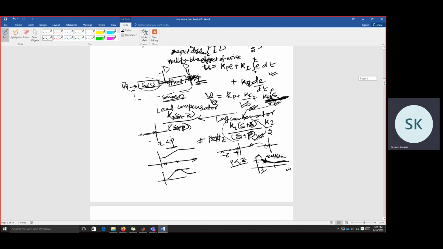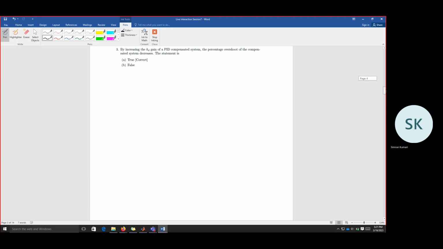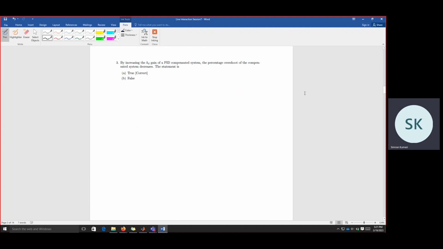Okay, we'll proceed to the next question. It asks: by increasing the KD gain, the derivative gain of a PID compensator system, the percentage overshoot of the system decreases. Is it right? The effect of including the D term is that it shifts the root locus towards the left of the S-plane.